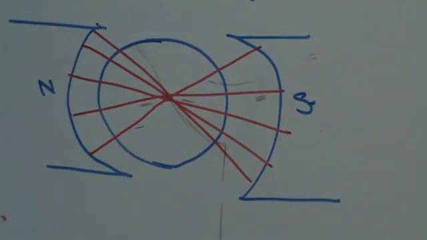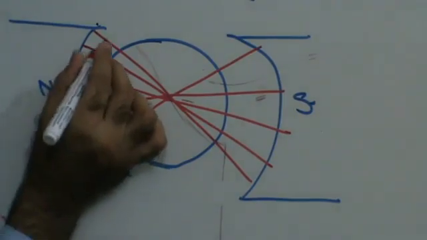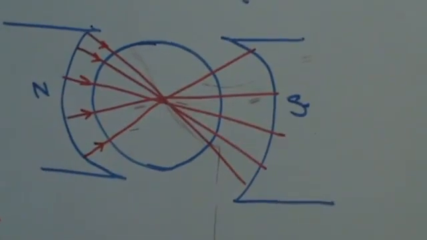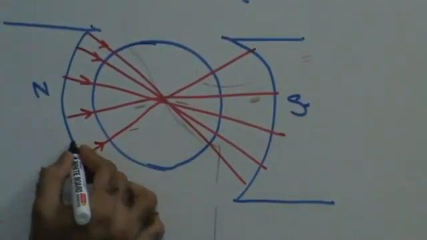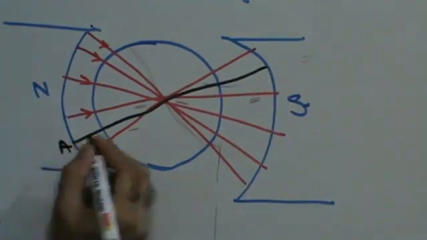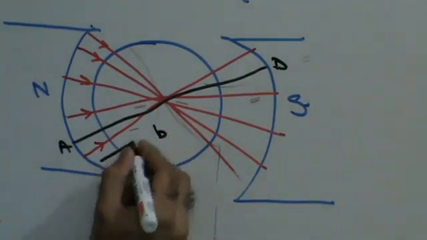This is going to be my radial magnetic field due to the magnets that is going to be acting on this, right? Let's consider this total distance to be say AD. This point is A, this point is D. Let's assume that length is B.